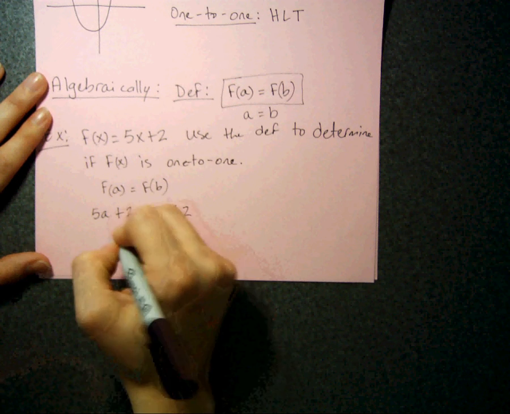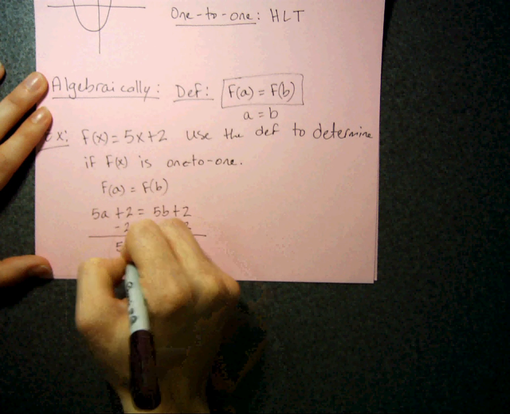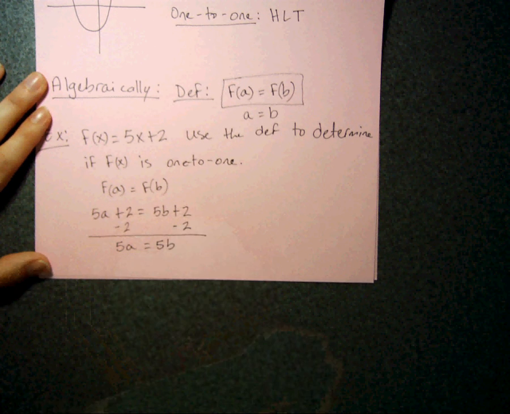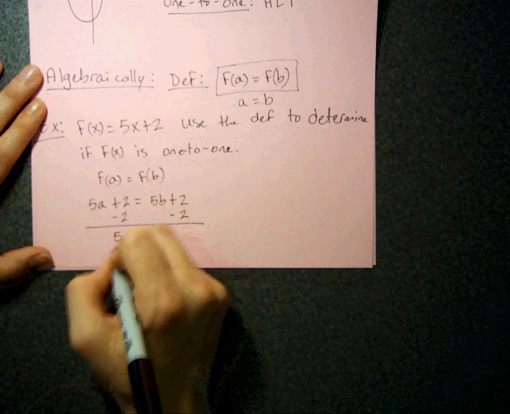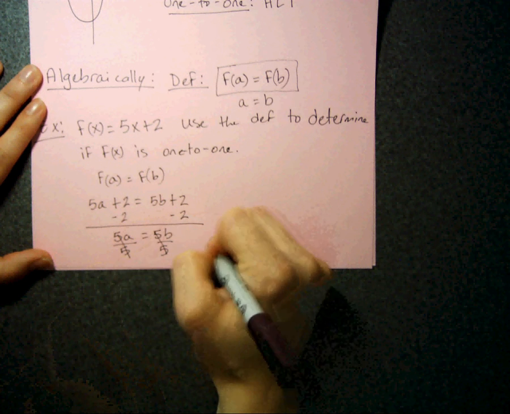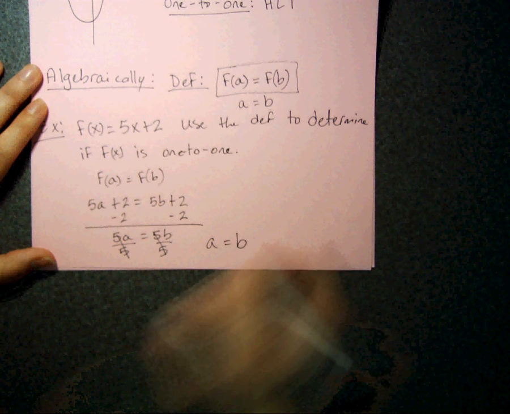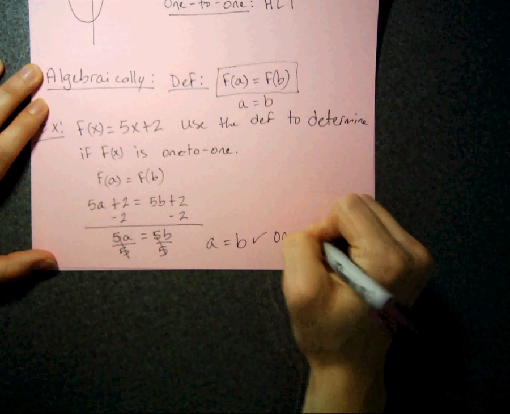I can subtract 2 from both sides, and I get 5a equals 5b. And then I can divide both sides by 5, and I end up with a equals b, which is what I need to show that this is a one-to-one function.